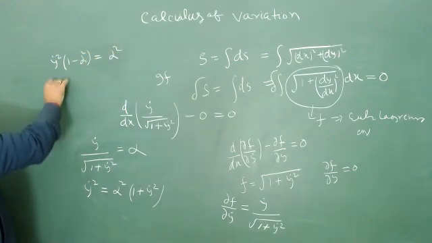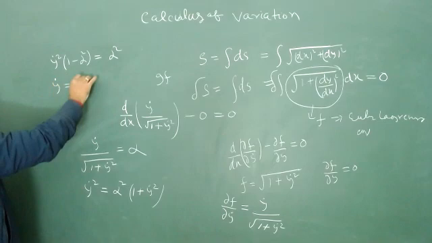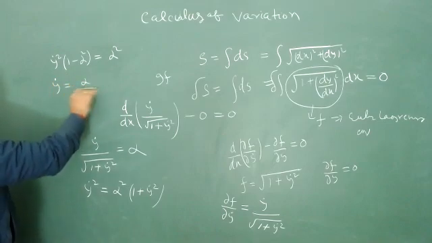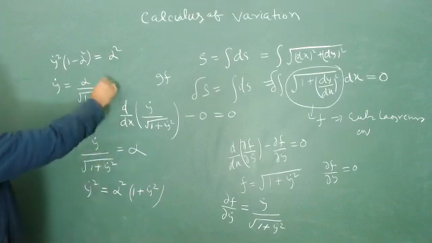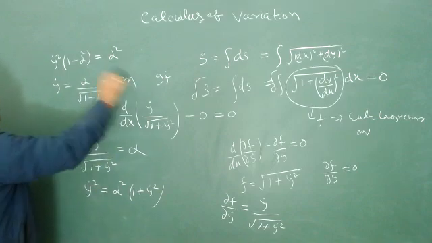This is constant. So y dot is equal to alpha upon root under 1 minus alpha square. So this is some constant value, isn't it? Constant by some constant, 1 minus alpha square is also constant. So I can say this value is m.